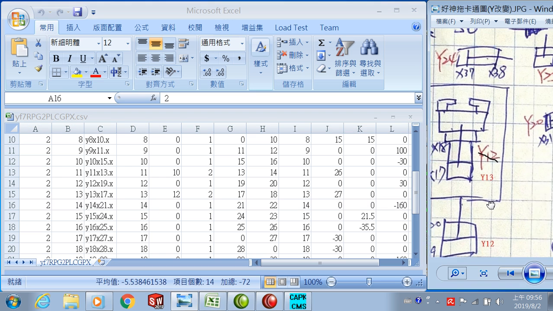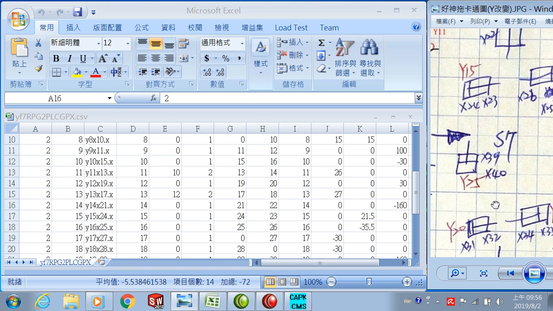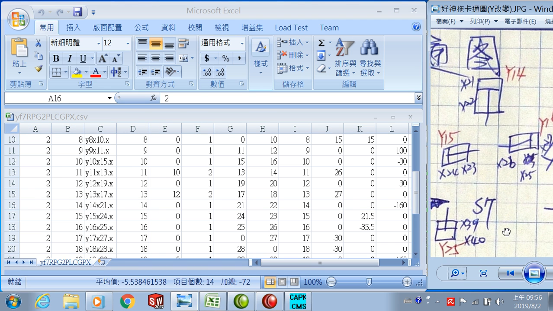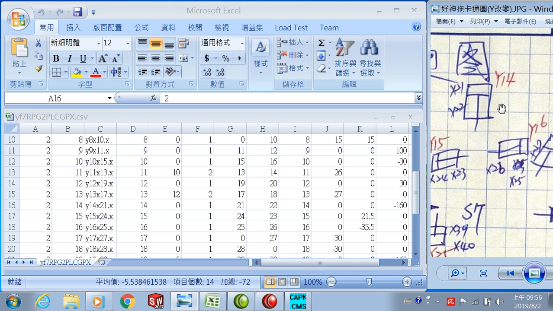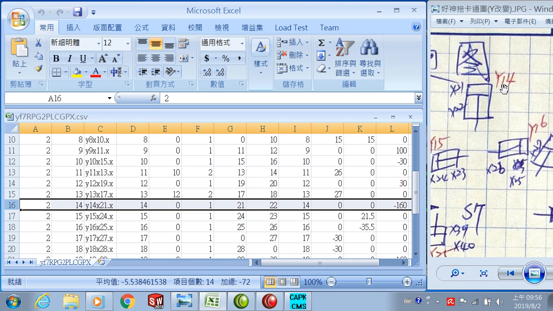Y14. Y14 is this piece. Y14 X21. The inner sensor is S21.